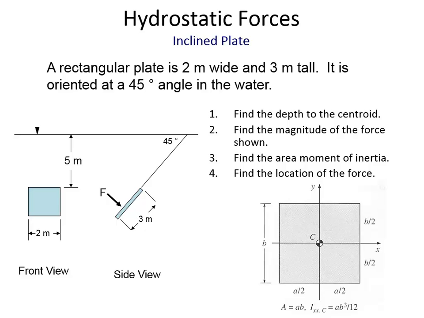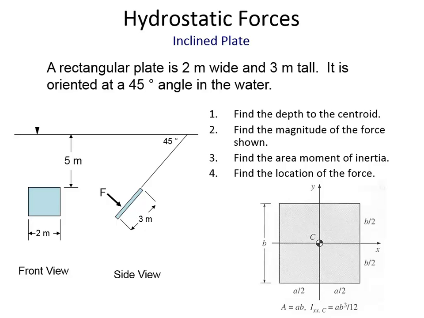So we can just point with our finger and say the centroid is 1.5 meters down the edge of that plate. Now, in this case, since it's not vertically oriented, 1.5 meters down the edge is not the same thing as 1.5 meters straight down through the fluid. So we need to find what is the vertical component of that 1.5 meters down the edge.